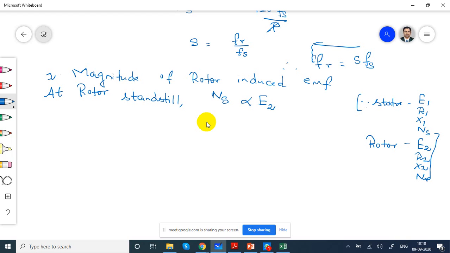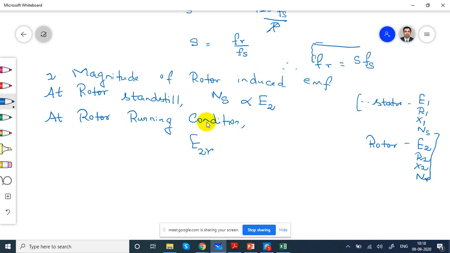Another one, same. At rotor in running condition, the notation will be E2, where 2 stands for rotor, but it is running, so E2R.